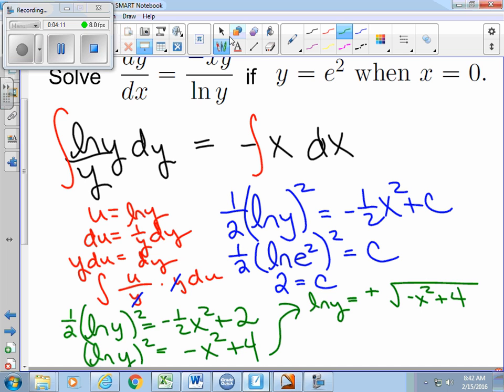I'm kind of confused on that. So plug in 0 and e squared in for x and y right here. Is it equal if this is positive, or is it equal if it's negative? You see what I mean? Now, if this had been a negative e squared, then I would pick the negative.